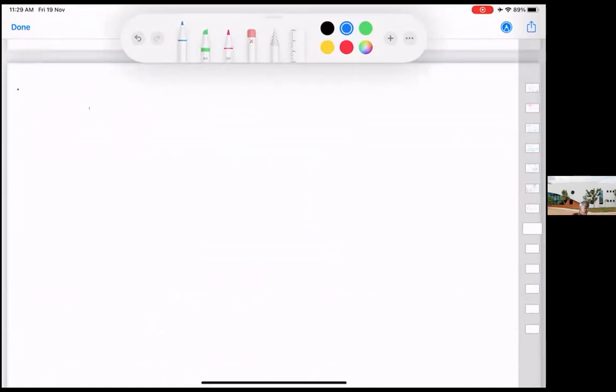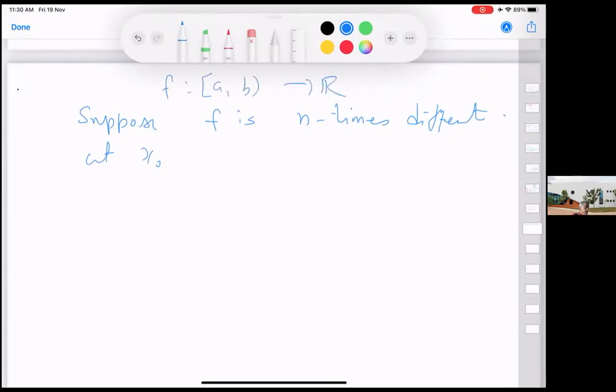Suppose f is n times differentiable at x0.